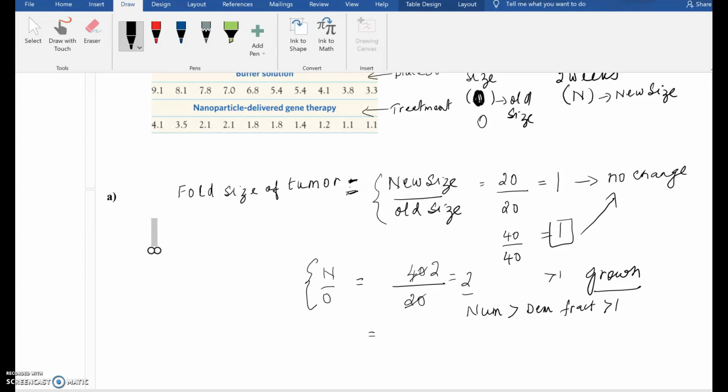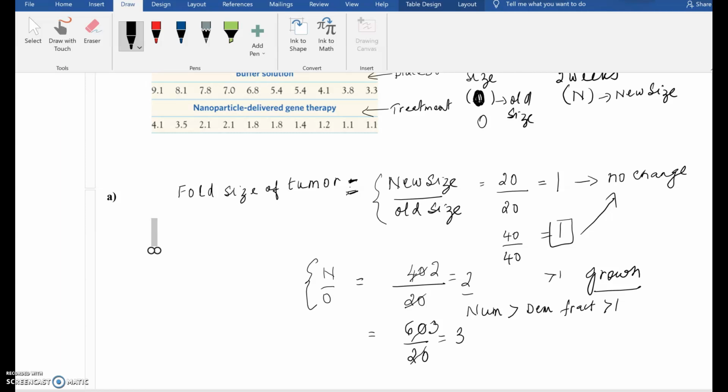Now let's just look at another example real quick. Suppose the new size of the tumor is 60 and the old size is 20. What this means is, 20 times 3 is 60. This means that the new size is 3 times the initial size of the tumor.